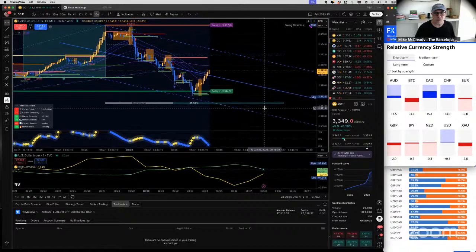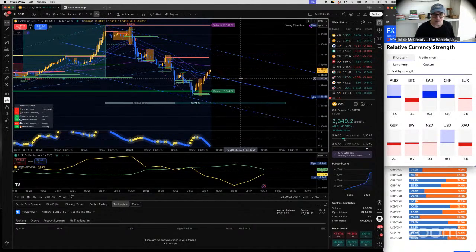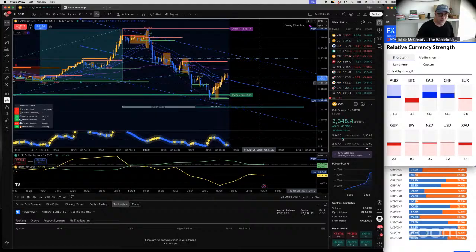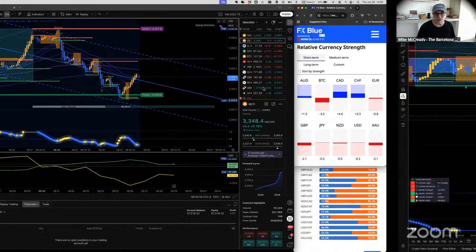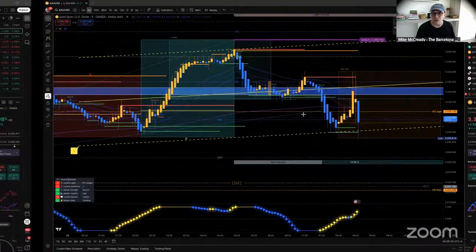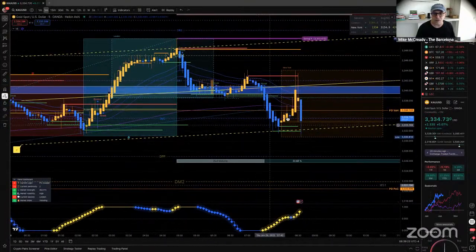Okay, if you're so inclined and you took that little bounce up, congratulations. That was not my trade. Okay, where are we with the pivots? Let's look again here. What is that pivot? That pivot is the DM3.